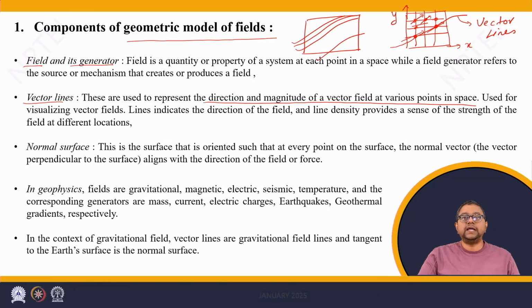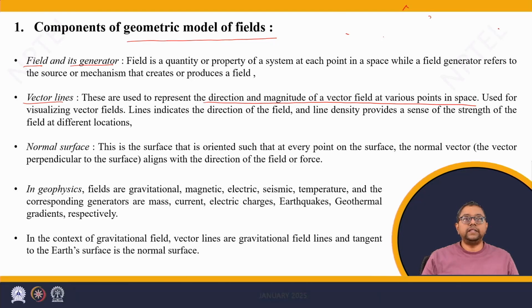For example, we can see that in one part of this figure, the vector lines are closely spaced. So that would represent a strong vector field. While there is a large gap between these vector lines indicating a weaker vector field. So that gives us the understanding of a geometrical representation of fields using vector lines.